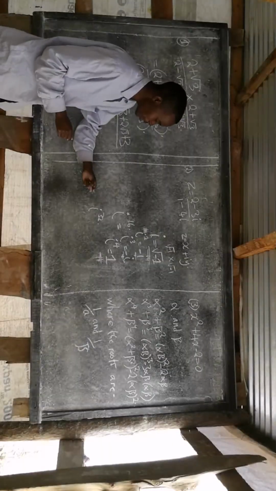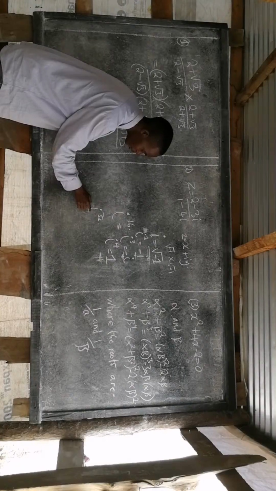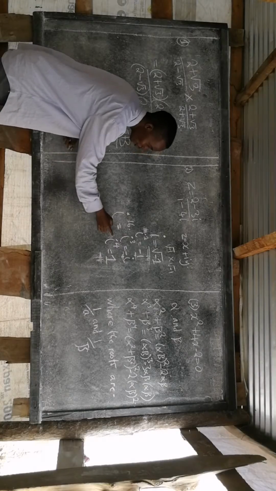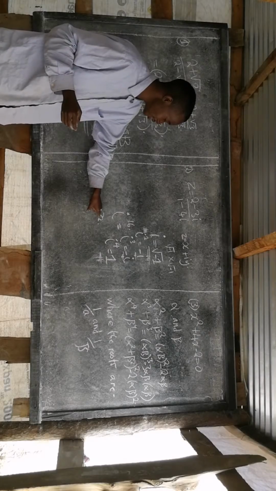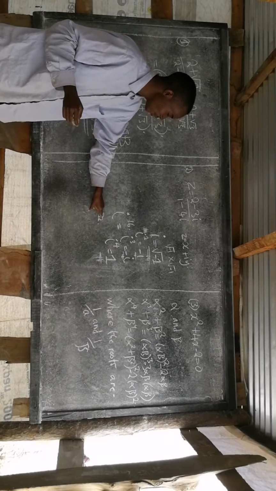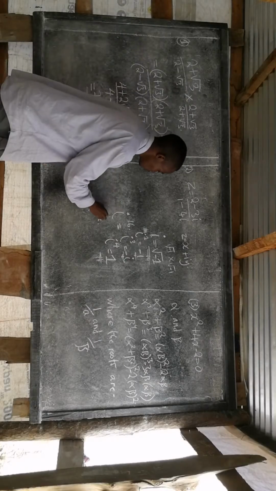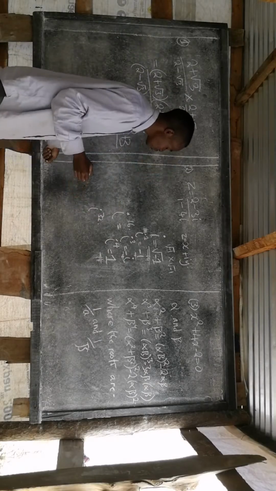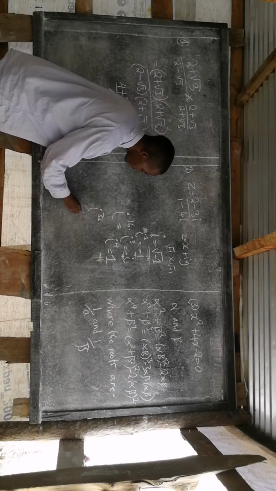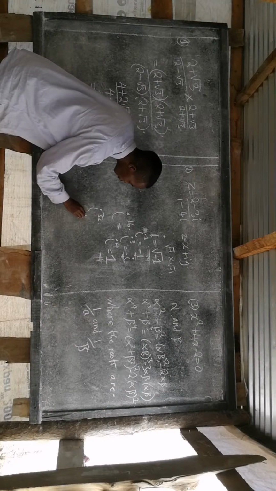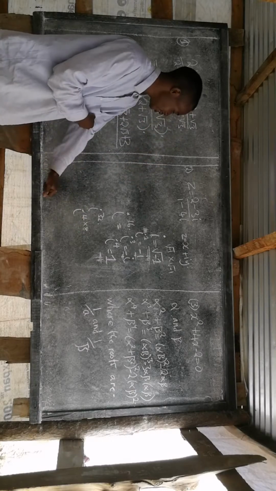Remember, when we are multiplying like here, we need to factor out 4. When you factor out 4 from 32, it will give you 4 times 8. That is what it gives you.